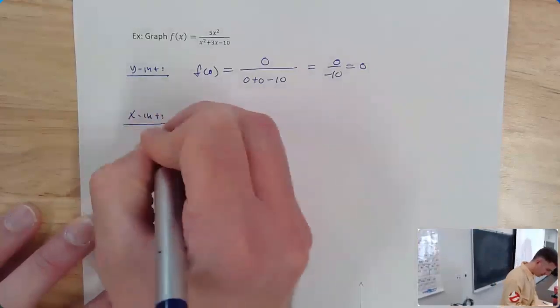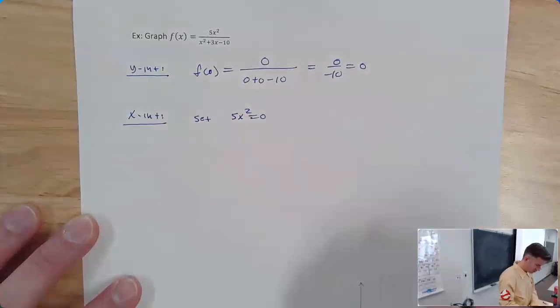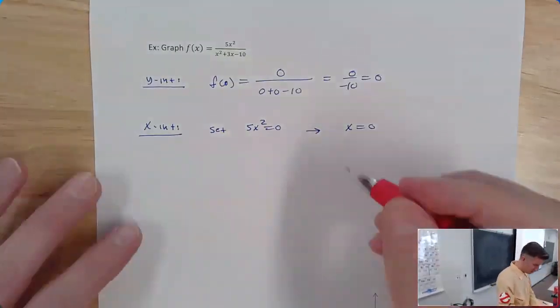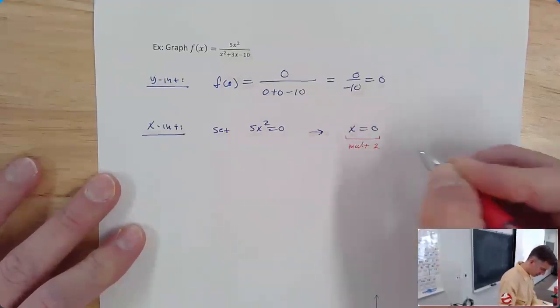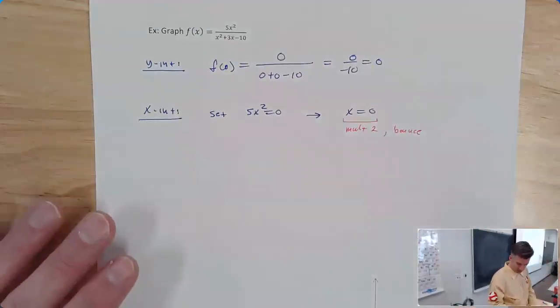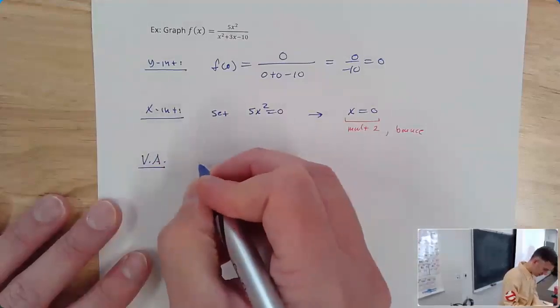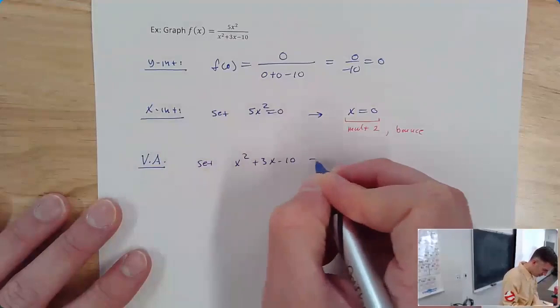X-intercept: set the top equal to 0. We get x equal to 0, noting that the multiplicity here is definitely 2, meaning we're going to bounce. Vertical asymptotes: we're setting the bottom equal to 0. Hopefully it factors.